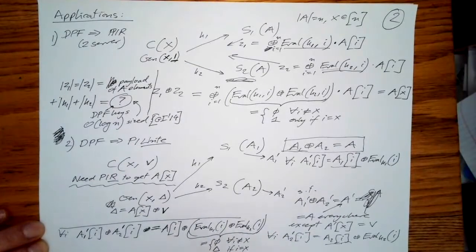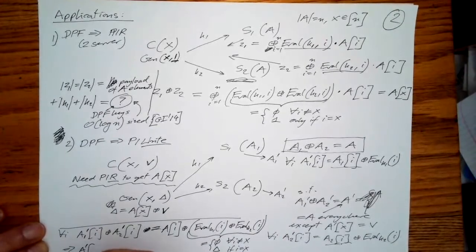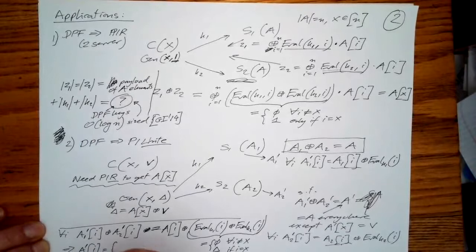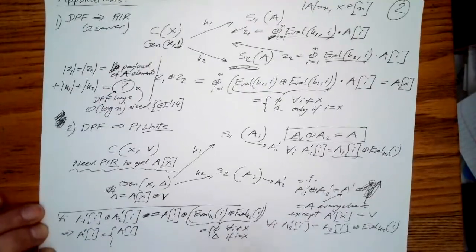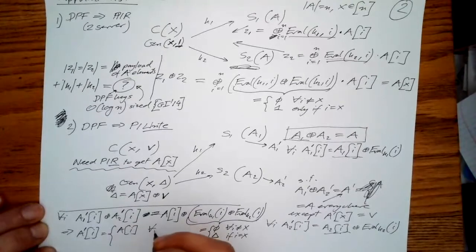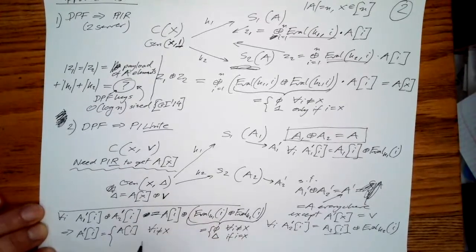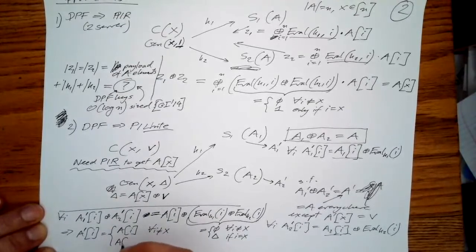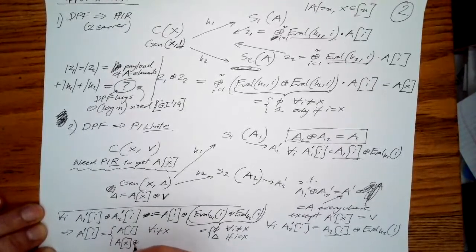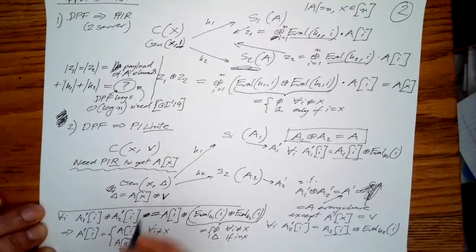So therefore, that's exactly what I wanted. The value of the new array is the previous one for all indexes except at X, where it's equal to A[X] XOR delta, but I set delta in this way.